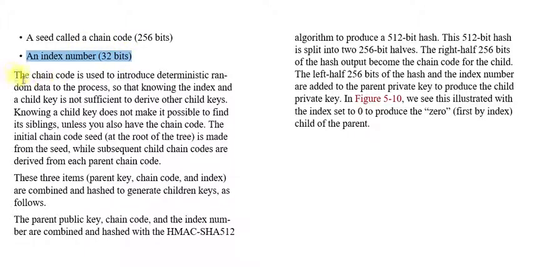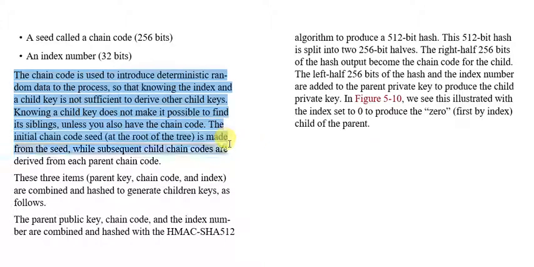The chain code is used to introduce deterministic random data to the process, so that knowing the index and a child key is not sufficient to derive other child keys. Knowing a child key does not make it possible to find its siblings, unless you also have the chain code. The initial chain code seed, at the root of the tree, is made from the seed, while subsequent child chain codes are derived from each parent chain code.